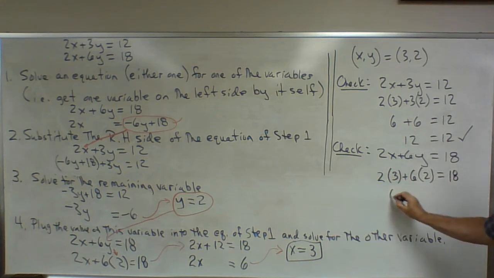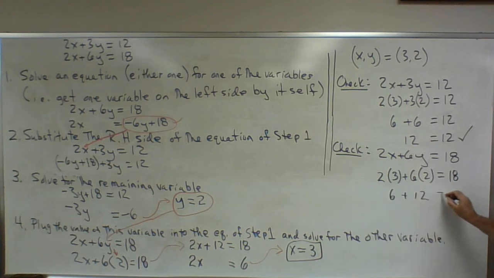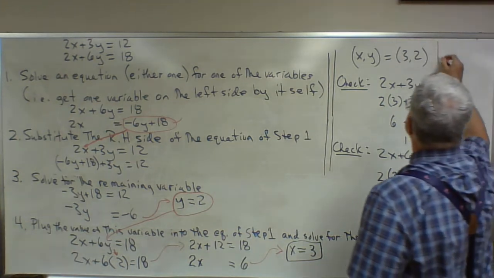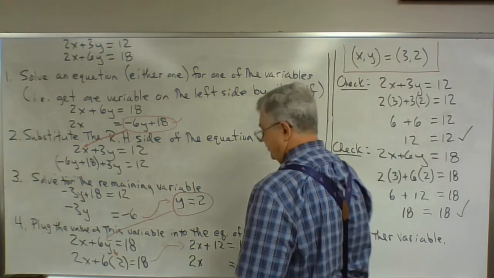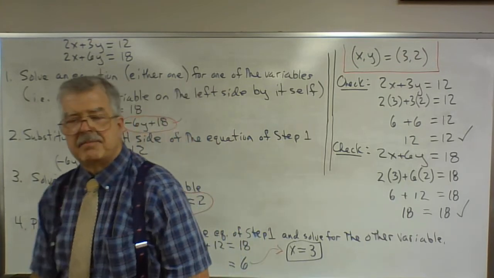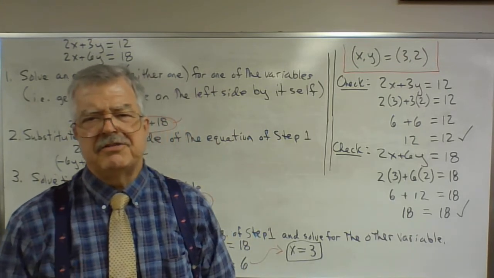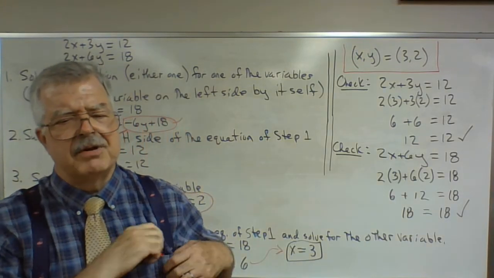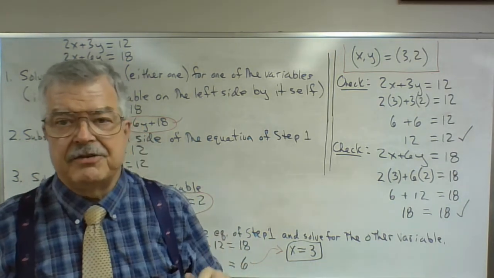So that gives us 6 plus 12 equals 18. Check. Okay. Our prospective solution satisfies both of the original equations. We can stop. Let's look at one other thing that can happen when we solve a system of equations.